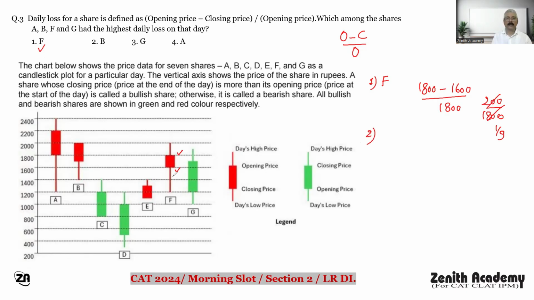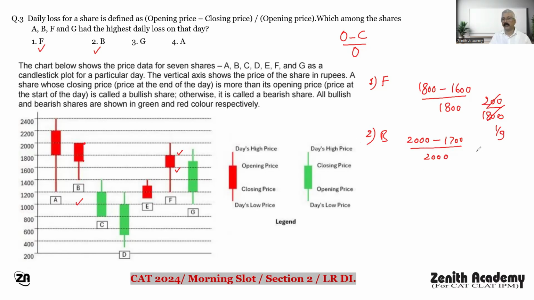Second option is B. And here B is this. Opening is 2000. Closing is this 1700 upon opening 2000.